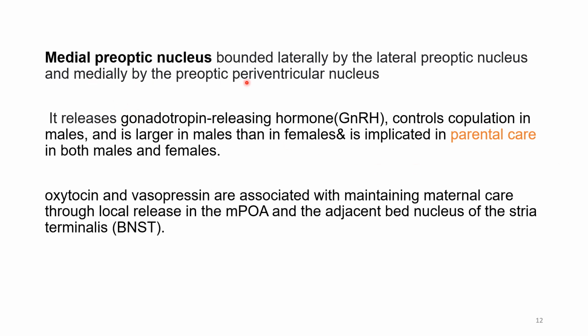The median preoptic nucleus is bounded laterally by the lateral preoptic nucleus and medially by the preoptic periventricular nucleus. It releases GnRH, that is gonadotropin releasing hormone, and controls copulation in males and is larger in males than in females, and is implicated in parental care in both males and females.